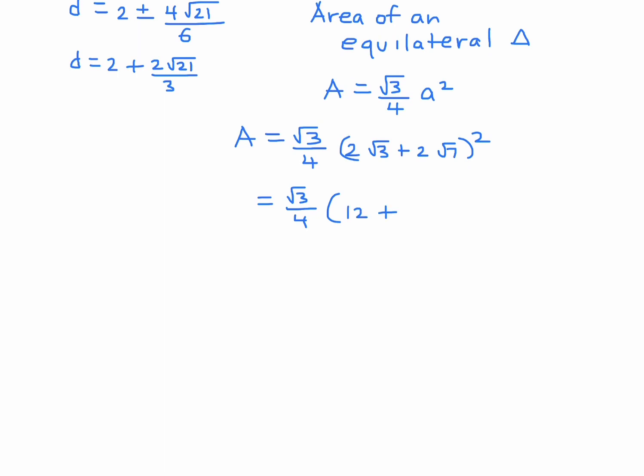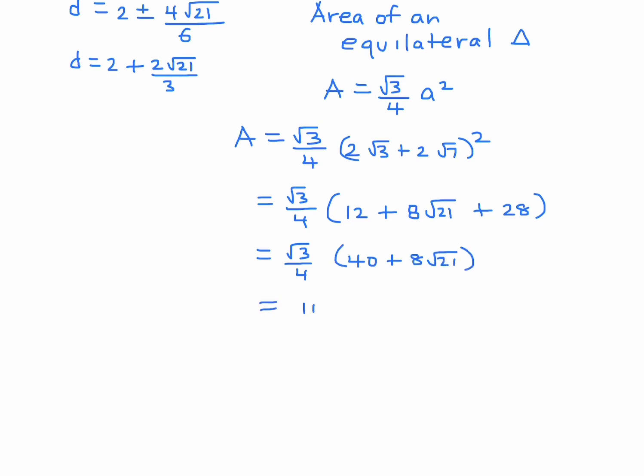And then you would have 2 times 2, 4, and then 8 root 21 plus 2 times 2, 4 times 7, 28. So this is root 3 over 4 times 40 plus 8 root 21.